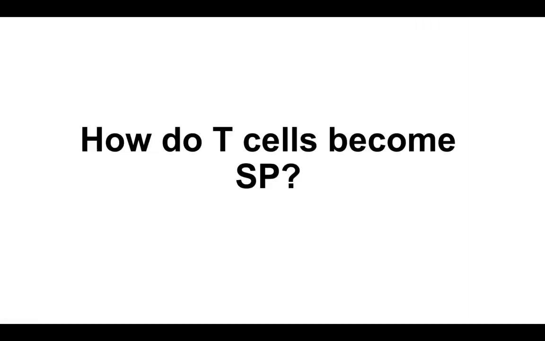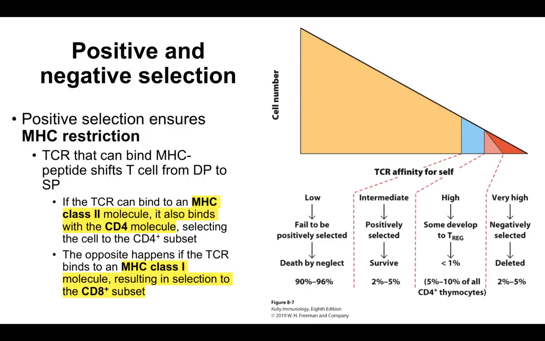How do T cells become single positive? So it's thought that they go through this process where they end up becoming single positive for CD4 or CD8, depending on whether or not the T cell receptor that it has binds to a given MHC molecule.